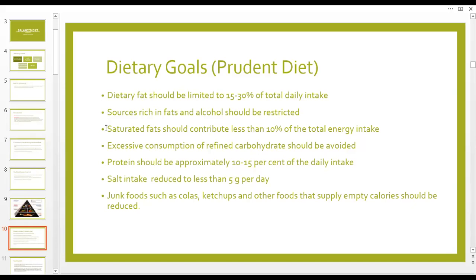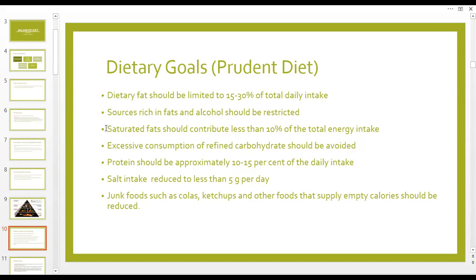There are two types of fat, unsaturated fat and saturated fats. The saturated fats should be further restricted to less than 10% of the total energy intake, and excessive consumption of refined carbohydrates should be avoided. Protein should be approximately 10 to 15% of daily intake.